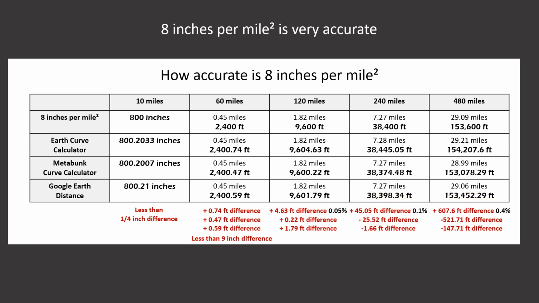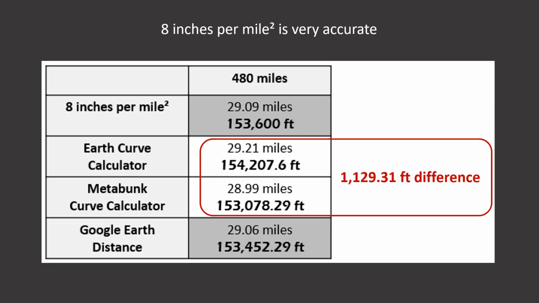But what we have here is 4 different ways of measuring curvature drop. So in my opinion, 8 inches per mile squared is very accurate, especially when you consider that at 480 miles, the biggest difference is between the Earth curvature and Metabunk curvature calculators. But this is still a very small 0.7%.